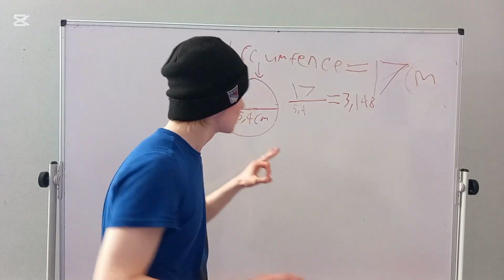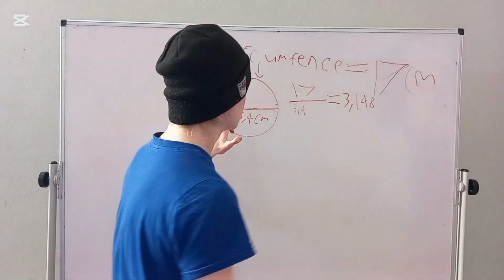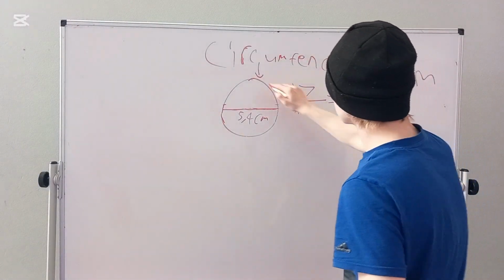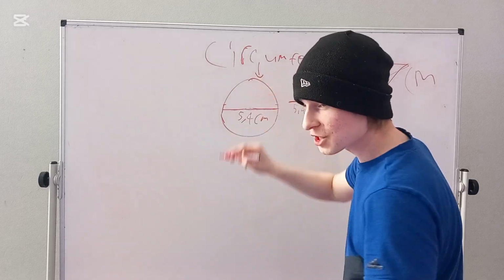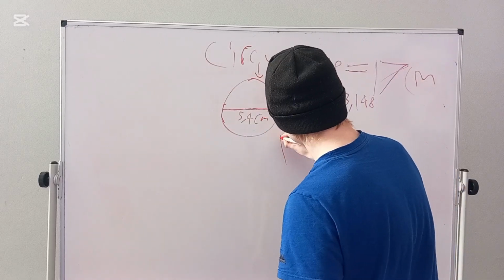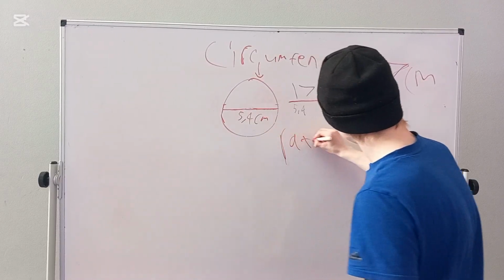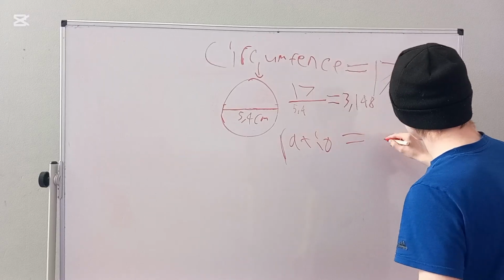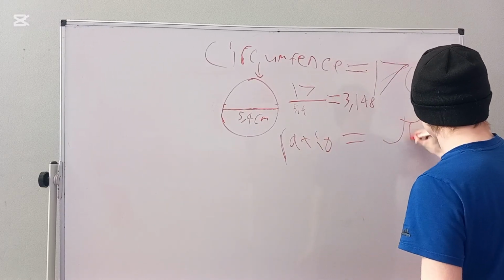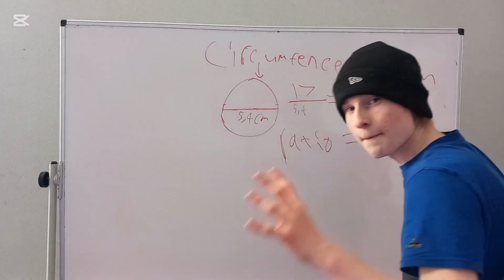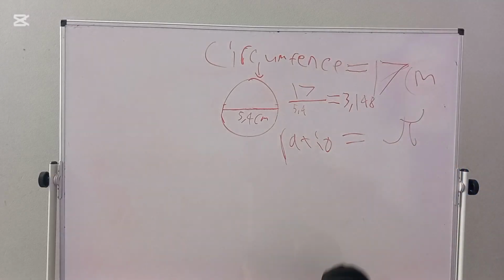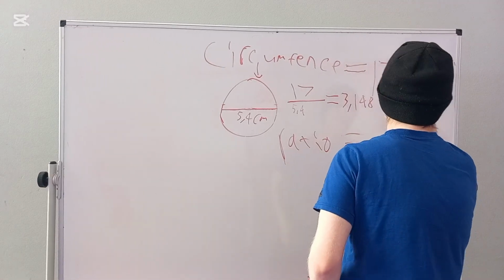So you see, it means that the ratio is always pi. It's always pi. There is nothing else. It's always pi.